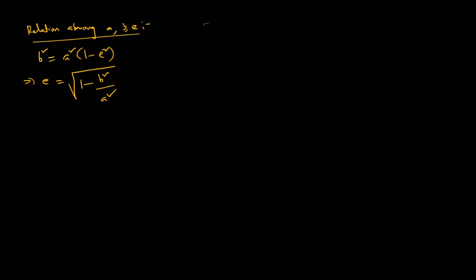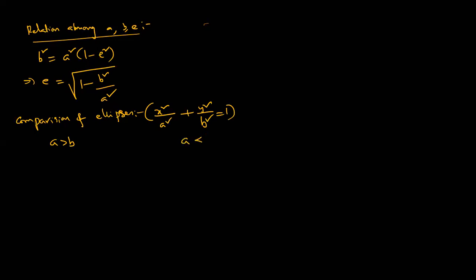Fine. So as we discussed, comparison of two ellipses. Once again, see. Comparison of ellipses. Suppose in one a is greater than b, and in the other a is less than b.